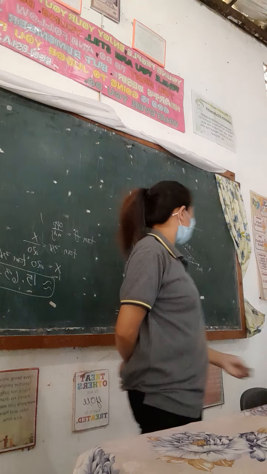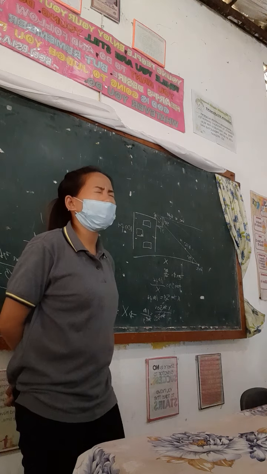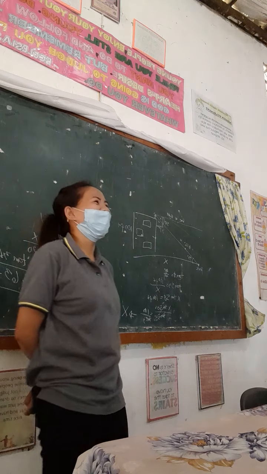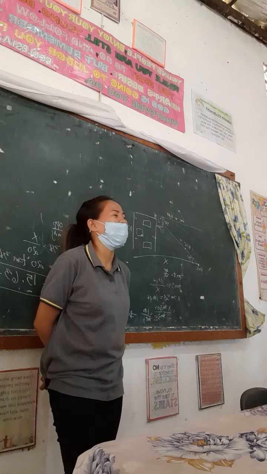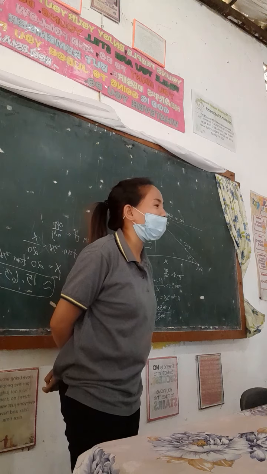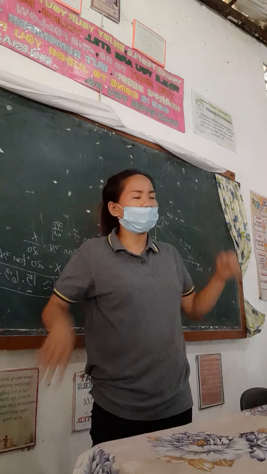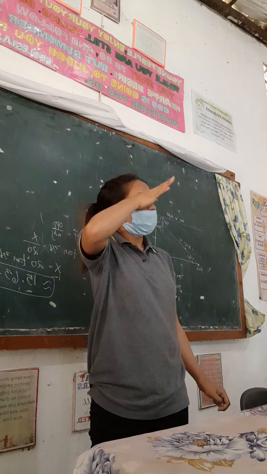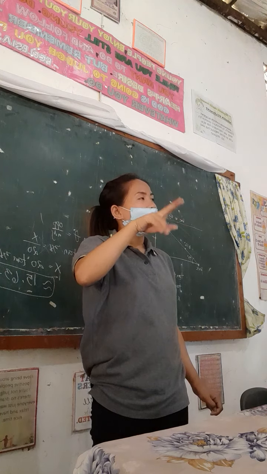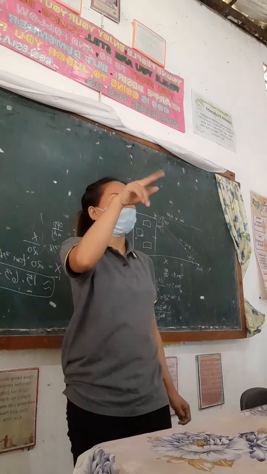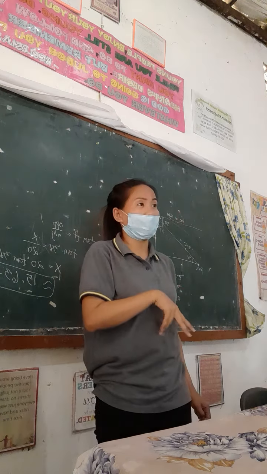75.35. What's the next digit? 6. So again, we have 75.36. The value is 75.3554, so 3554 is equivalent to 36.